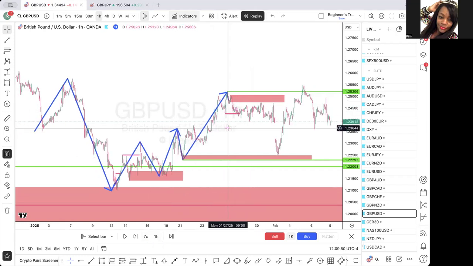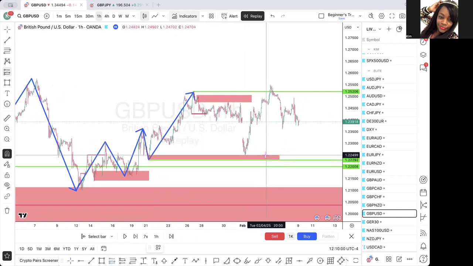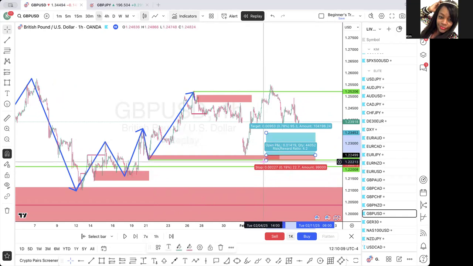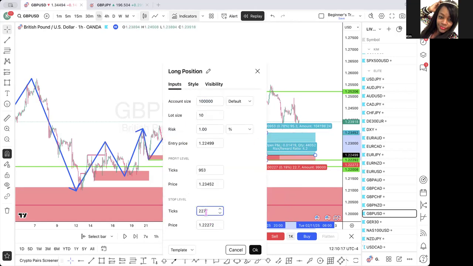If I mark this up and the pip stop was, for a currency pair, see, that's 27 pips. And I'm on, oh no, I'm on the 1 hour. Sorry. So yes, I do no more than 25 pips for a currency pair.